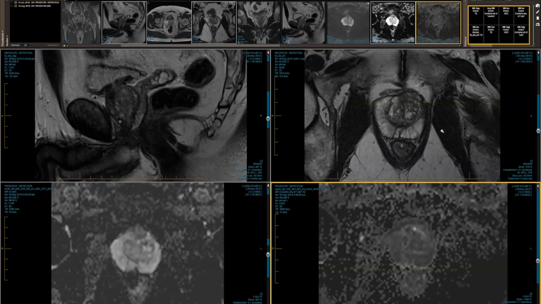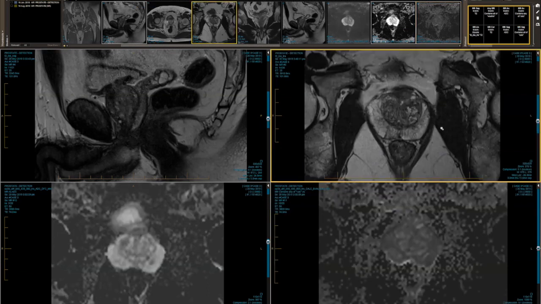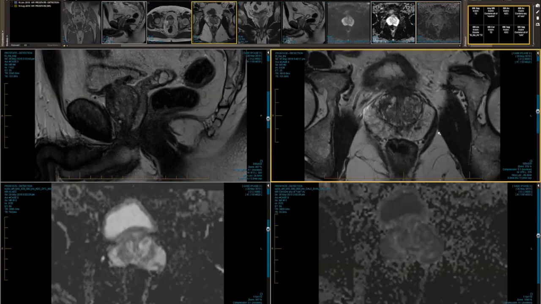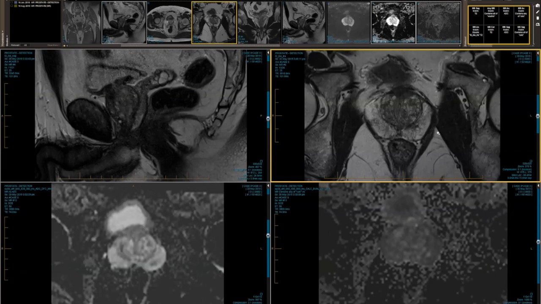While you're doing that, Richard, I might just address a question that's come in on the chat. That last case has obviously highlighted a difficult area within prostate MRI. Can we please discuss the low T2 peripheral zone signal and patchy high diffusion weighted imaging signal?